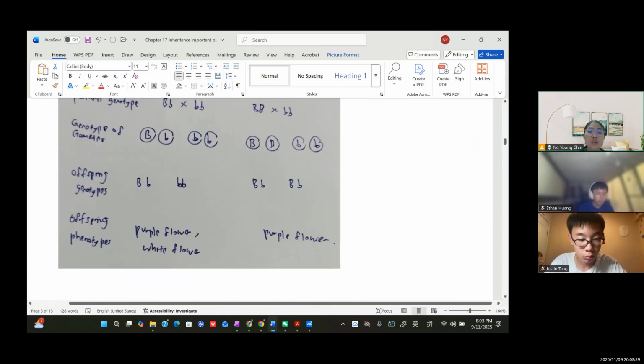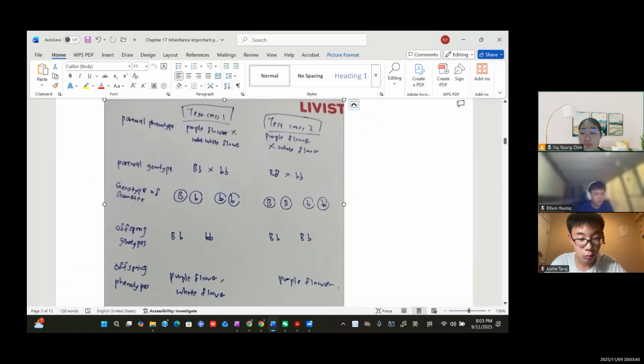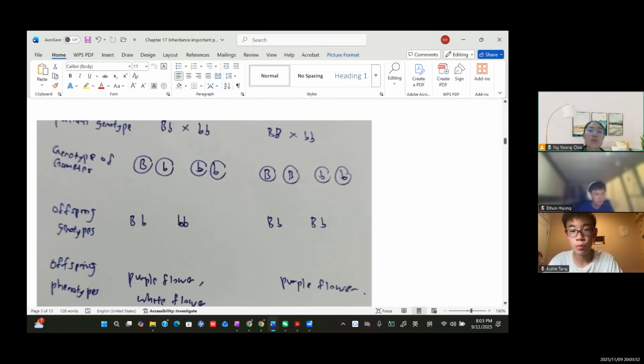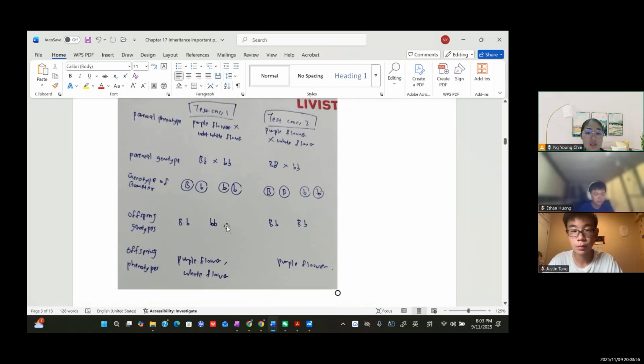So here, just remember the function of the test cross is that it provides a method to trace back whether the parent is heterozygous or homozygous in its genotype. For example, you can see both are purple flowers crossed to white flowers, but the results are different.